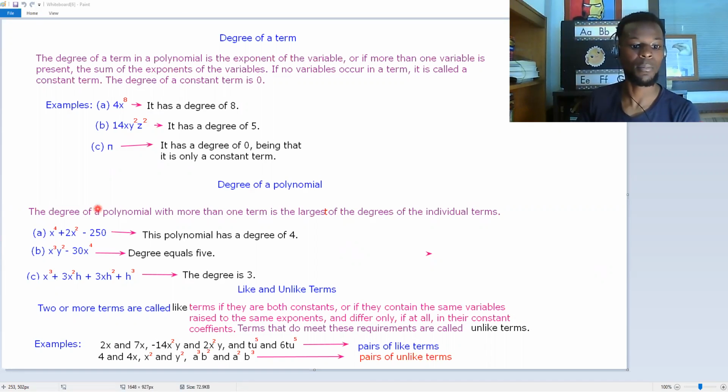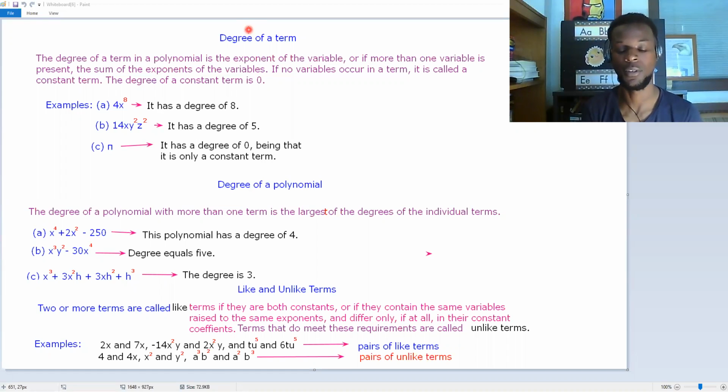Again, I'm just going to do a basic little review of what we went over in this video. We talked about the degree of a term, which again, are separated by operators, mathematical algebraic operators, the plus symbol and the minus symbol. So we learned about the degree, which is based on the exponent.